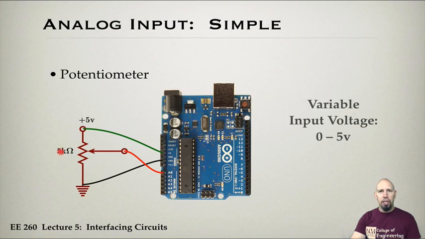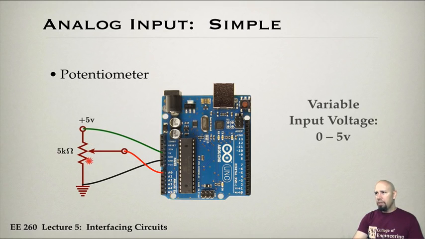So in this particular case, we have a 5 kilo ohm resistor. So 5 kilo ohms is the total resistance, and they make potentiometers of different resistance values. Either way, the resistance from here to here is 0. The resistance from here to here is the full resistance value, and then I can get any resistance in between.